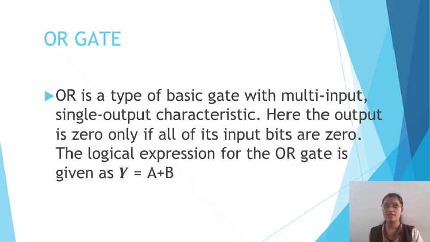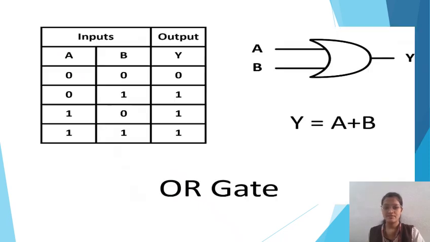The logical expression for the OR gate is given as y equals a plus b. As we see, the inputs A and B are passing through the OR gate, and the output y becomes a plus b. It means however many inputs are given to the OR gate, a single output comes out.